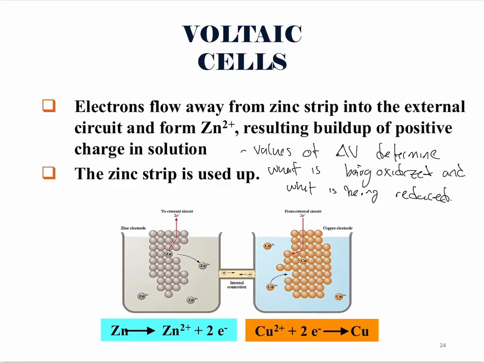And so the standard potentials then tell you what is the anode and what is the cathode, right? So this is another way of saying what is the anode and what is the cathode for the system.